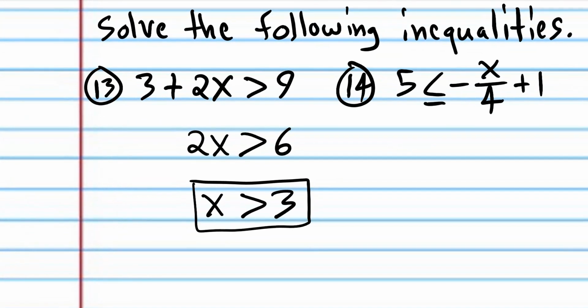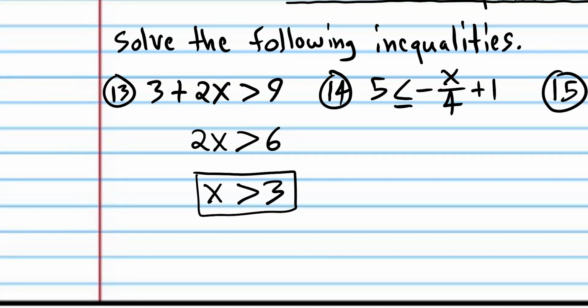What this means is that x must be any number bigger than 3. So remember, when you solve inequalities, x can actually be an infinite number of values. Whereas with an equation, usually the variable is going to equal just one thing or maybe 2 or 3 things, a finite number of values, whereas in an inequality you can have an infinite number of values.